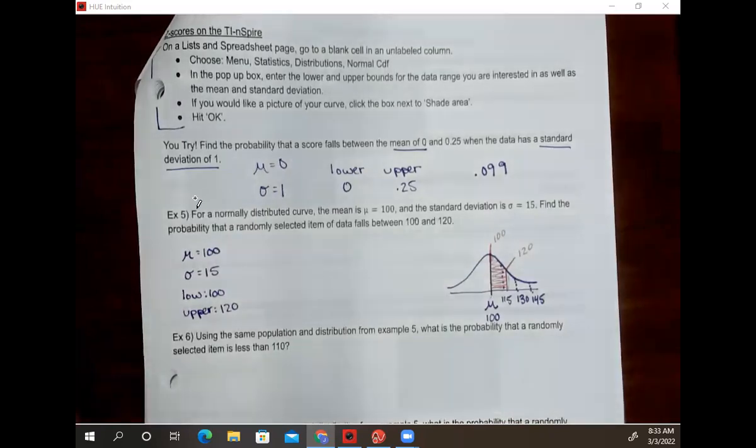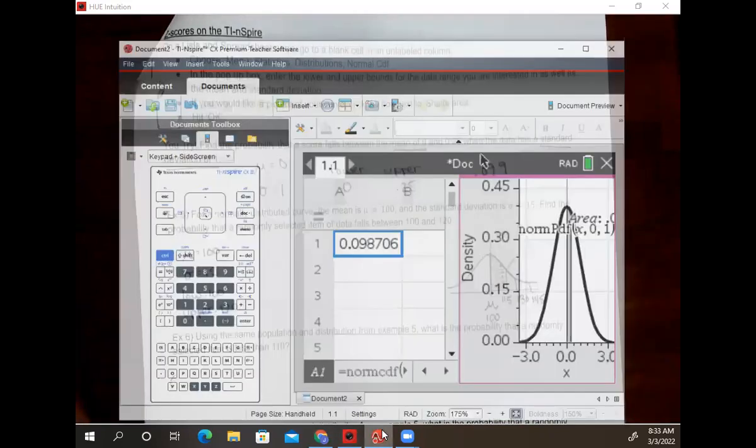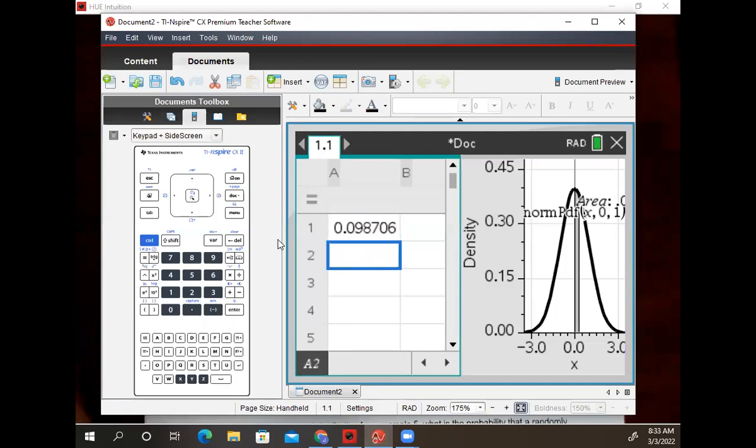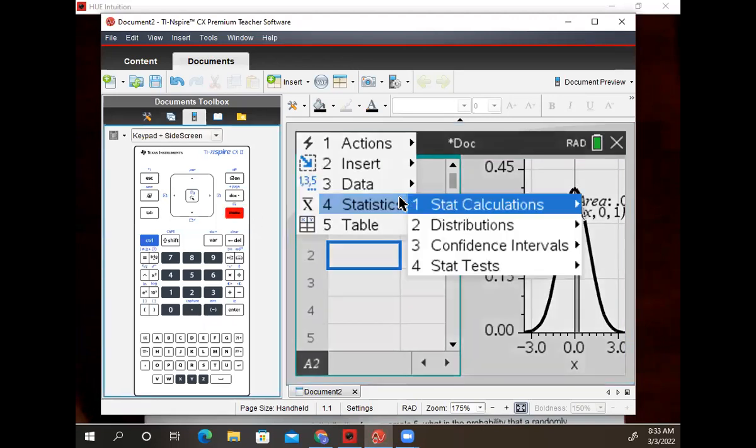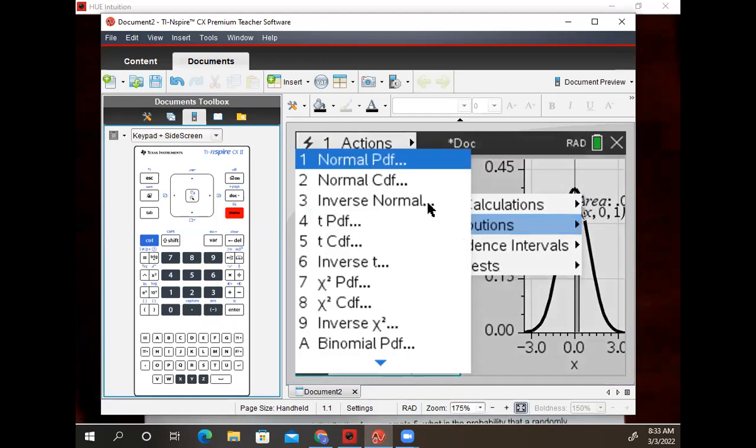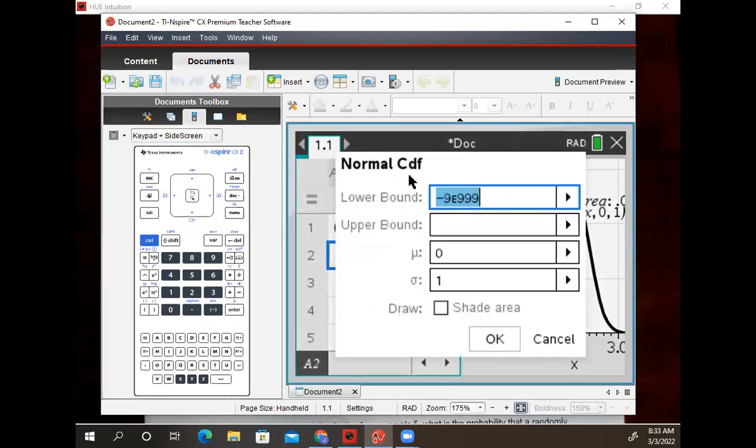So I'm going to pull my calculator up here. I'm going to go into a new blank space, menu, statistics, distributions, normal CDF, and I'm going to enter that information. So my lower bound is 100. My upper bound is 120.